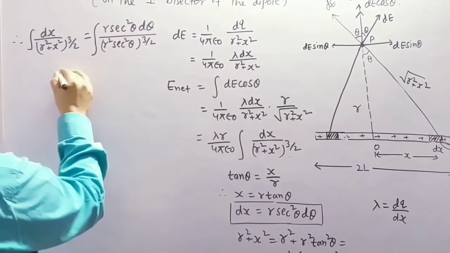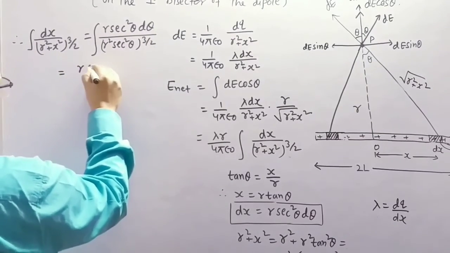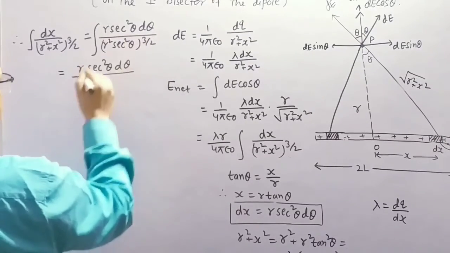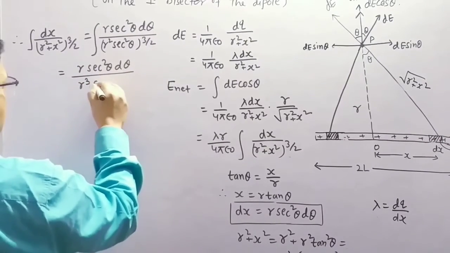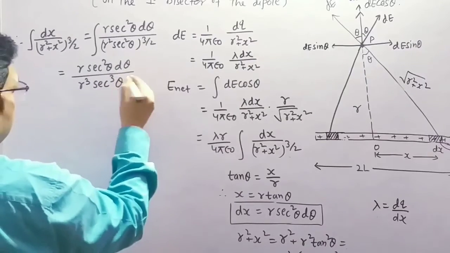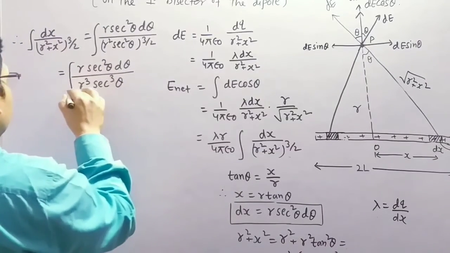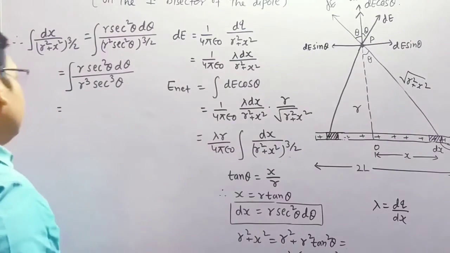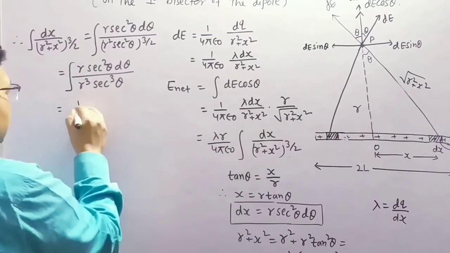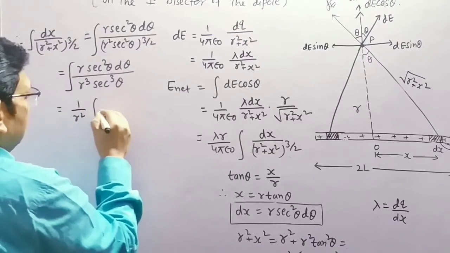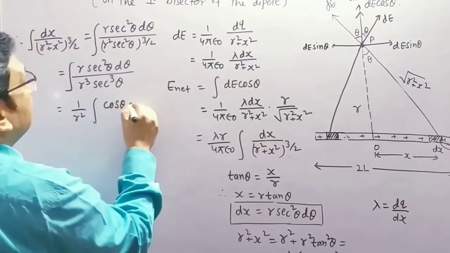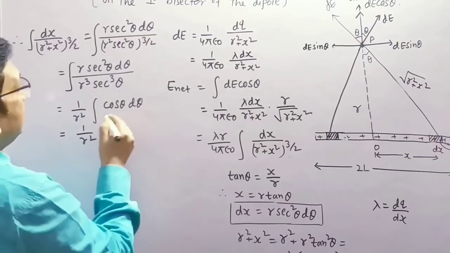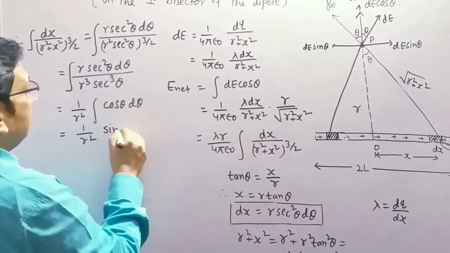This further can be written as r sec square theta d theta by r cube sec cube theta, the 2 cancels. Now 1 by r square outside, integration of cos theta d theta. The integration of cos theta is sin theta, so we get 1 by r square sin theta.